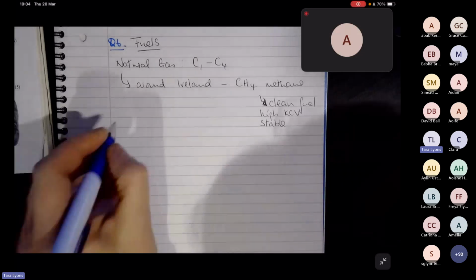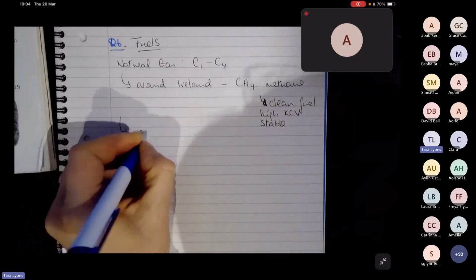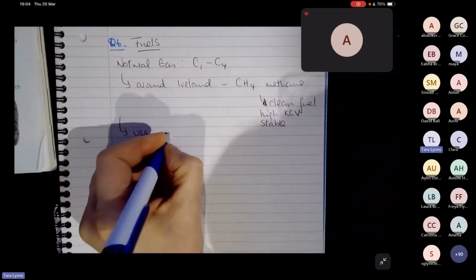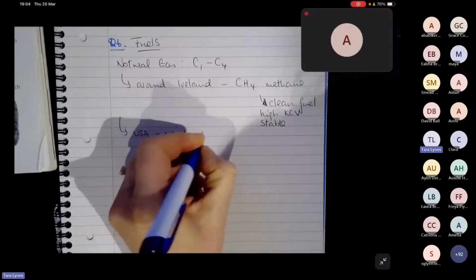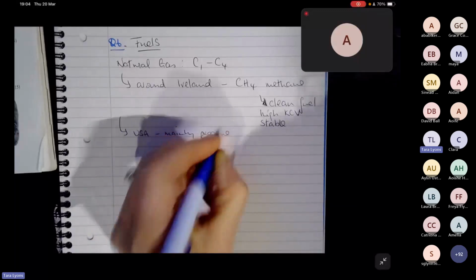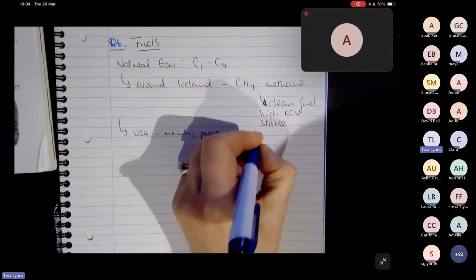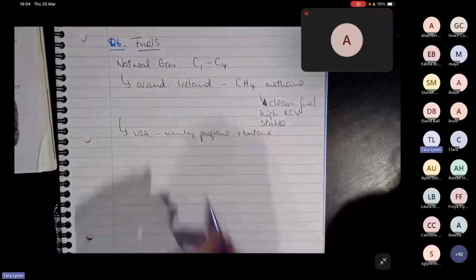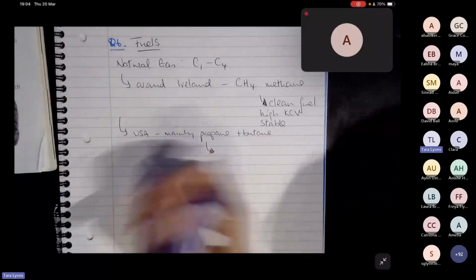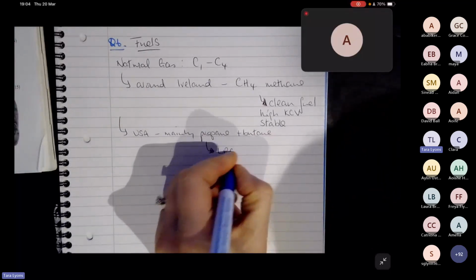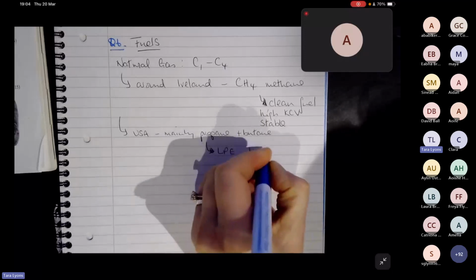Now, if we go over to the USA, it's mainly propane and butane. And this is a question that they've asked several times. Over here in this part of the world, that's sold as LPG, liquefied petroleum gas.